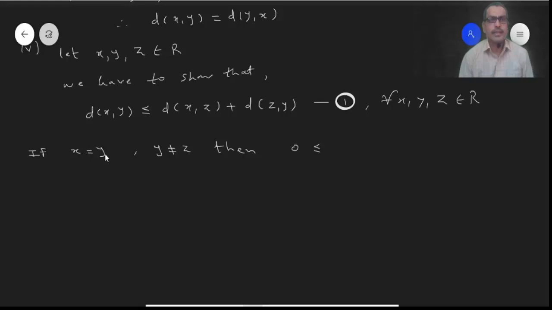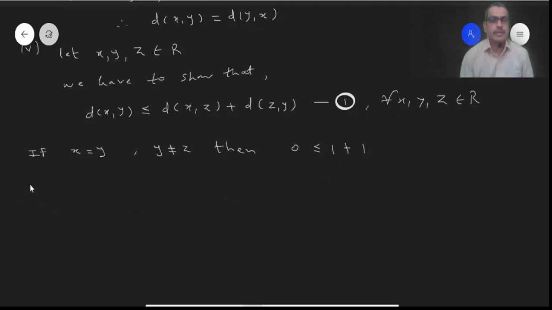Here x is equal to y and y is not equal to z, therefore x is not equal to z, then the distance between x and z is 1, plus, by the second condition, y is not equal to z, therefore d(z,y) is equal to 1.